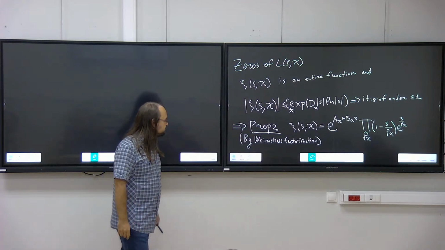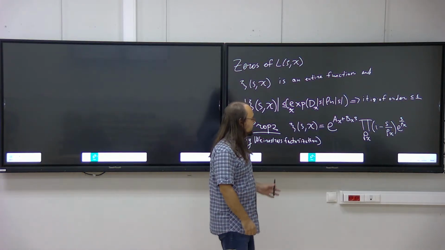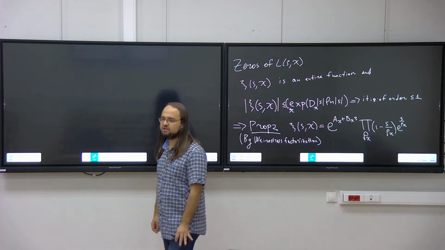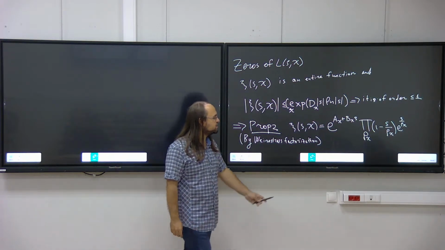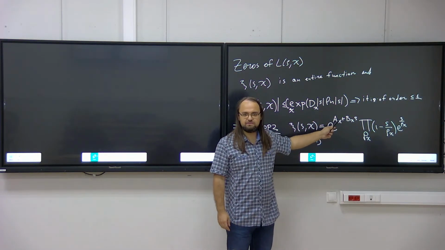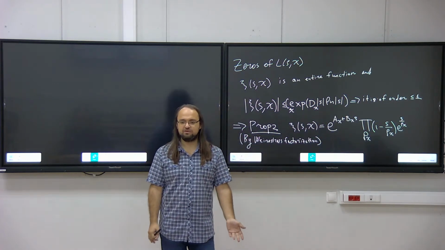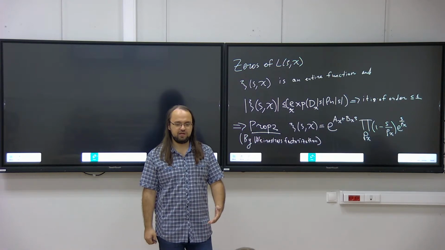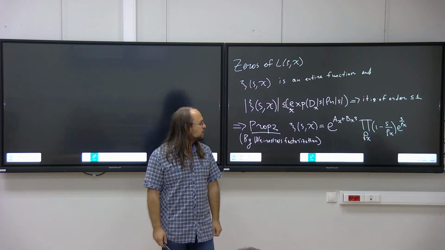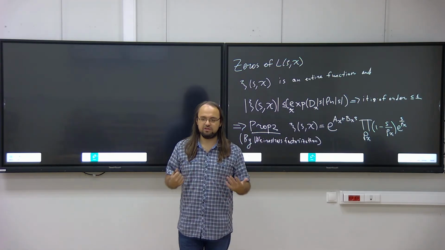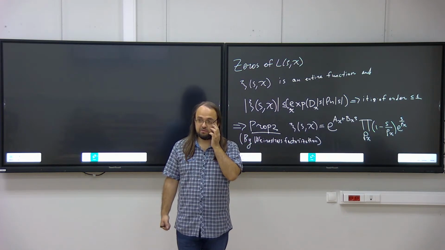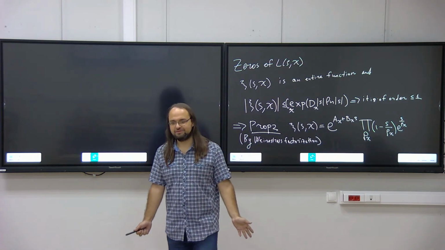And now we need some additional information. In the case of the zeta function, we did not need any information about these values in the exponent because they were constants, and so we did not need any control over these constants. And here the constants will depend on Q, and so we need to know something about them.